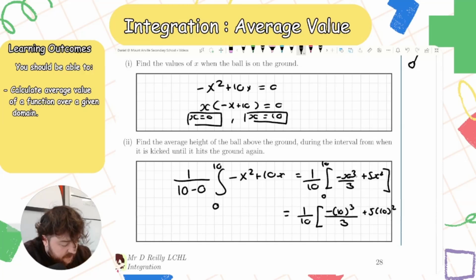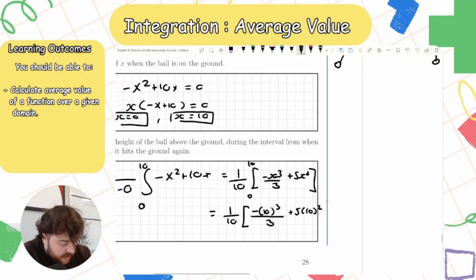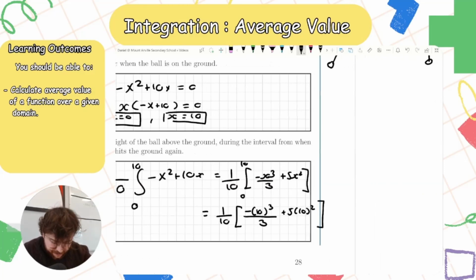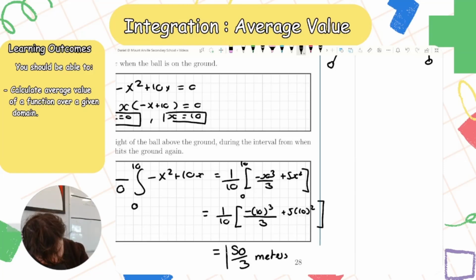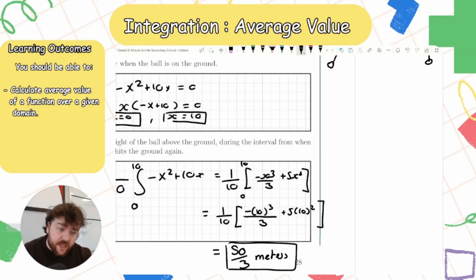For 0, they will go to 0 anyway. Put it in my calculator: minus 10 cubed all over 3 plus 5 times 10 squared. Divide by 10. The answer here is going to be 50 over 3 meters. That is the average value.